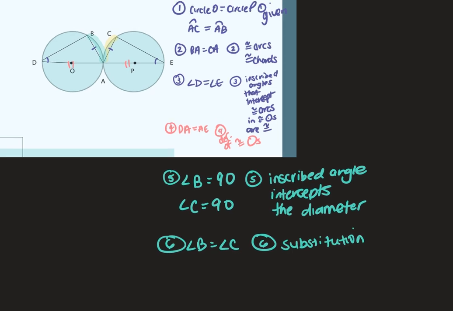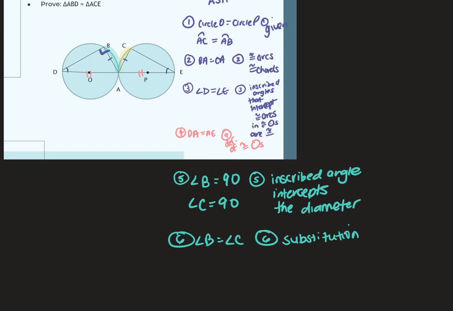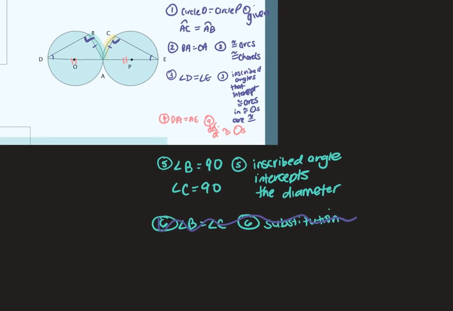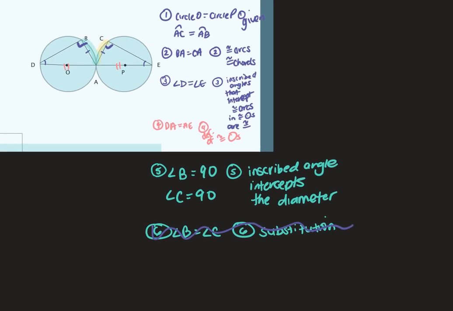Or I could have stopped there at the 90 and used what? Angle B equals 90 degrees because an inscribed angle that intercepts a semicircle is 90 degrees. But I don't even need this one. It says definition of congruent circles.